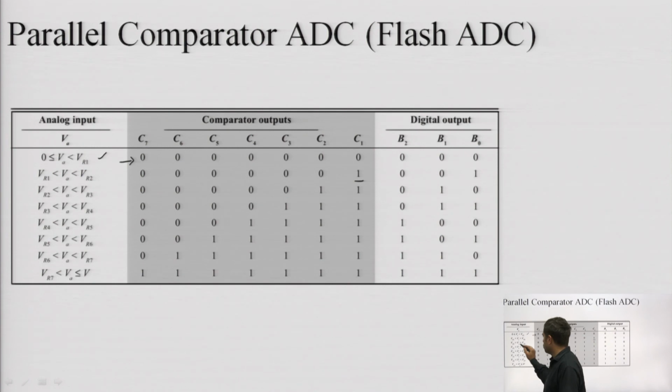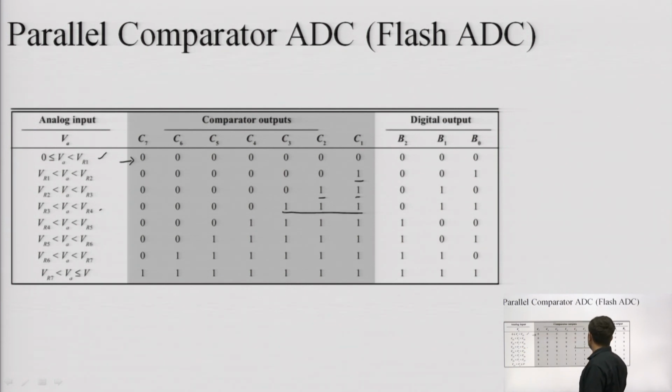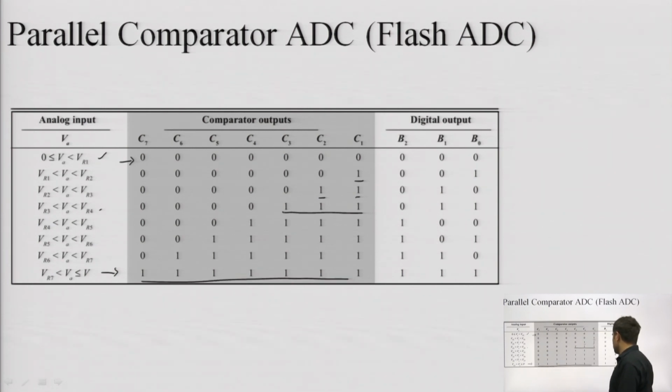If it is between VR2 and VR3, then both C1 and C2 will be generating 1. If it is between VR3 and VR4, then C1, C2 and C3 will be generating 1. Similarly, we can check the last case. If the applied voltage is greater than VR7, then all the comparator outputs are high.